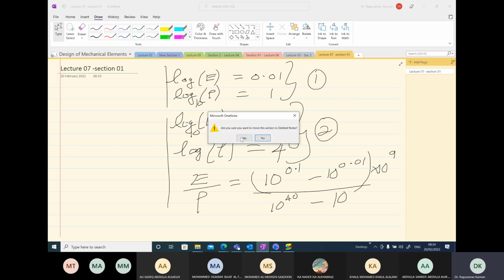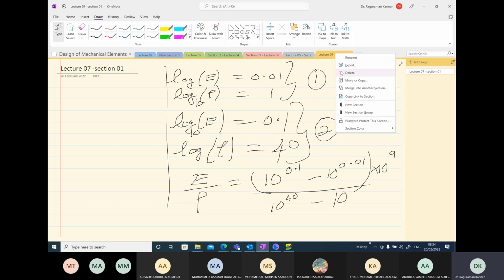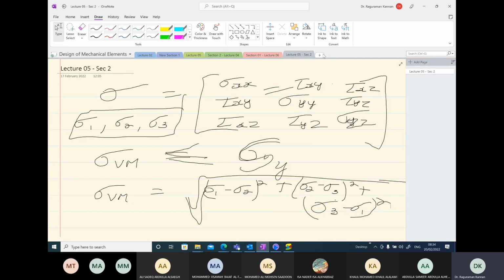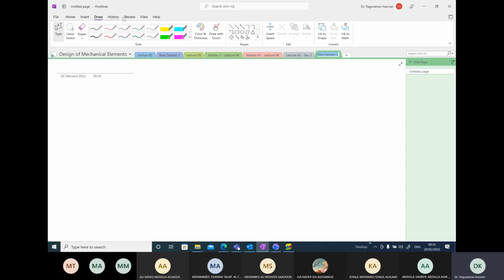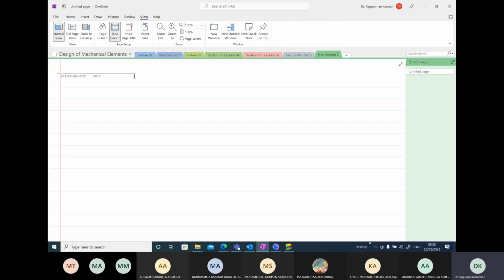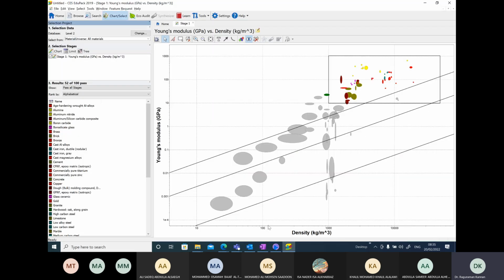I'm going to delete this. So although the displayed values, by looking at these values, it looks like these values are absolute values of density rather than being the log of the values.